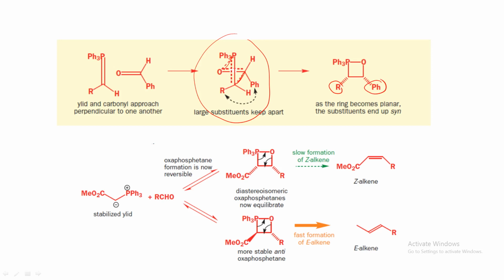So when we do the disconnection, it would lead us to this type of Z geometry, right? So this is for the case of unstable ylides particularly.